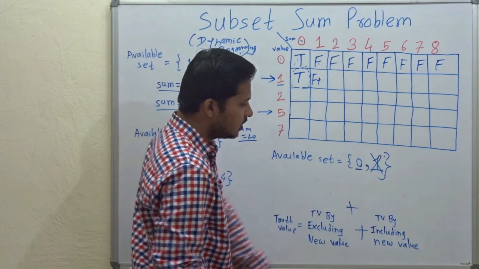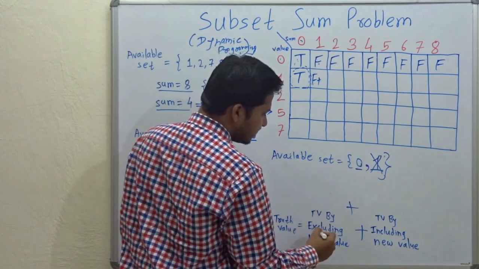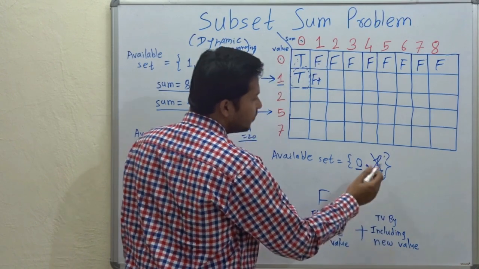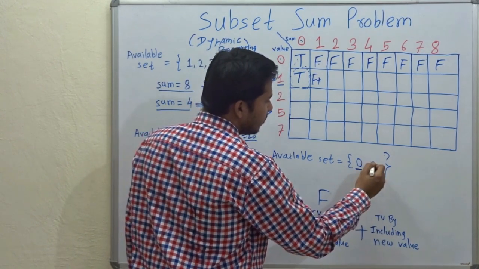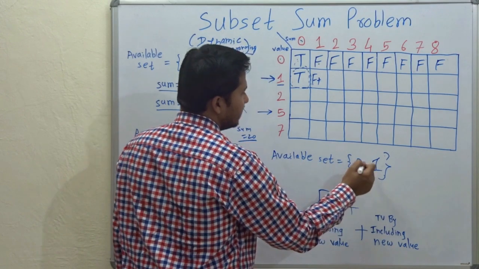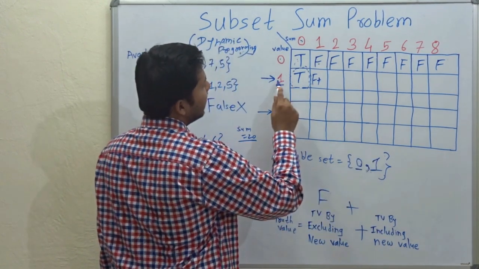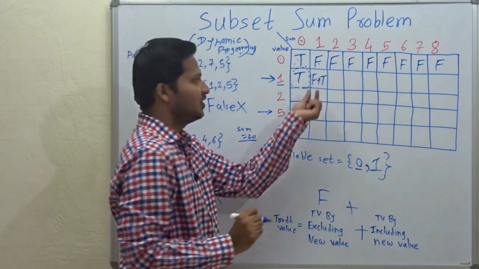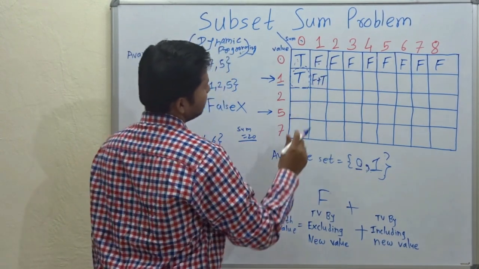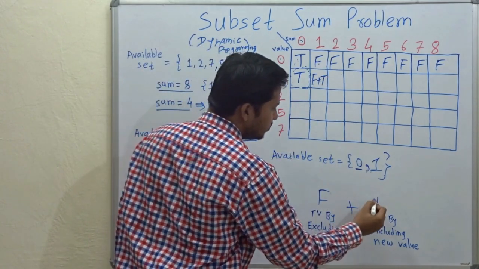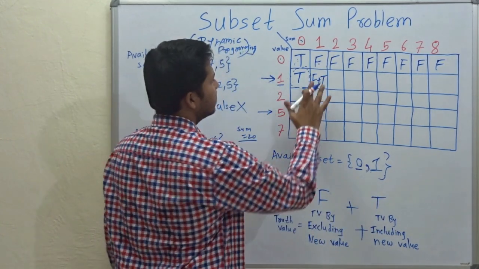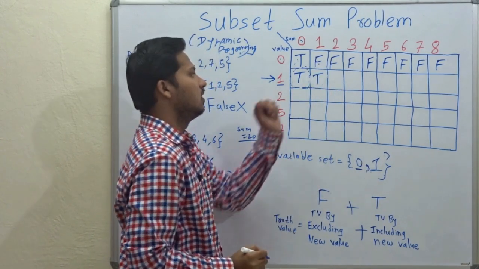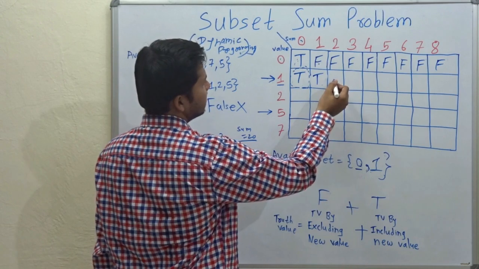And now include the new value. See, by excluding the new value the answer is false. Now by including the new value, so I include 1 here. Yes, by using 1 I can form 1, so that truth value is true. So false or true is true. Now go in the next cell.